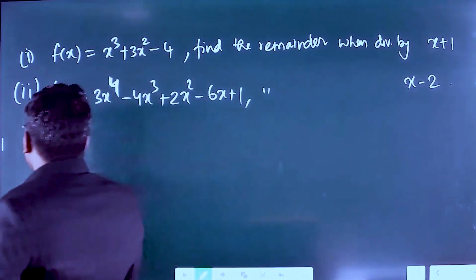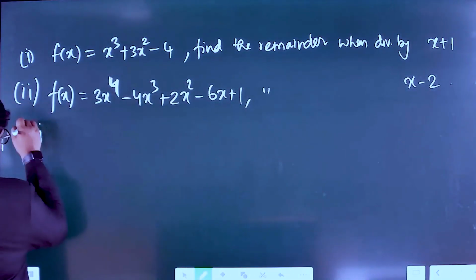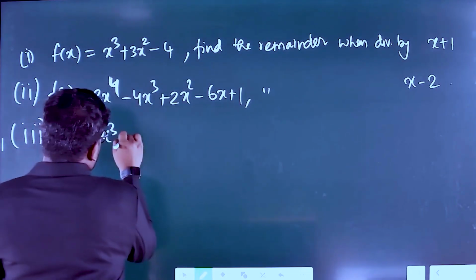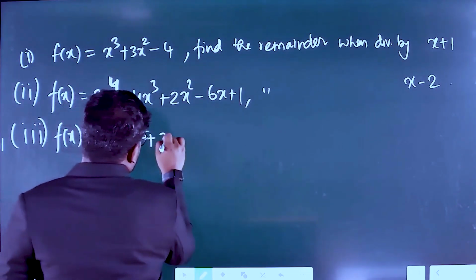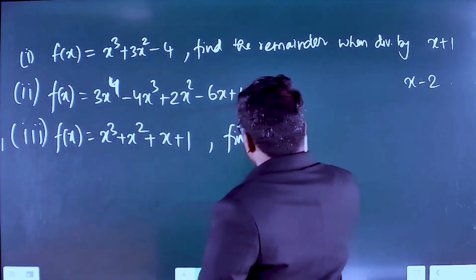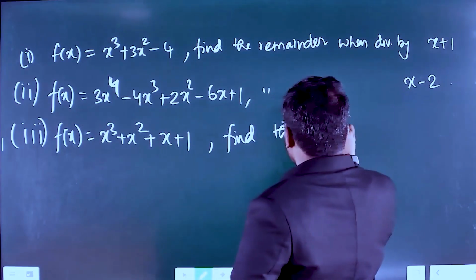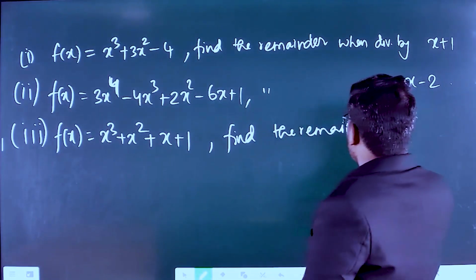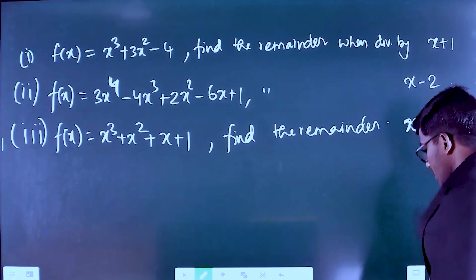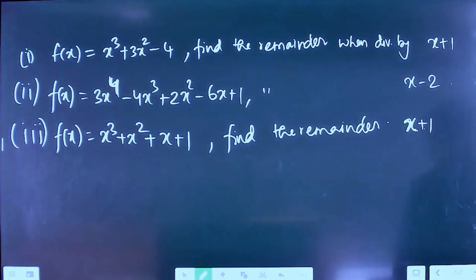Similarly, f(x) is x cube plus x square plus x plus 1. Find the remainder when it is divided by x plus 1. So these are essentially for your practice, alright?